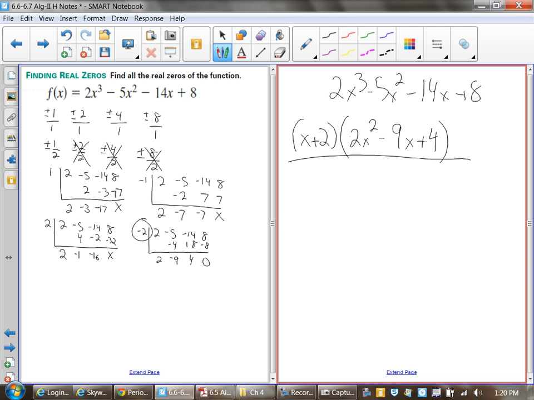This is just a straightforward trinomial. Whenever I get to the trinomial, with a quadratic, always check to see if you can factor it. What's 2 times 4? What times what is positive 8, but you add together to get negative 9? So can I factor that? Yes. So just factor it. So you're at 2x squared minus 8x minus 1x plus 4.